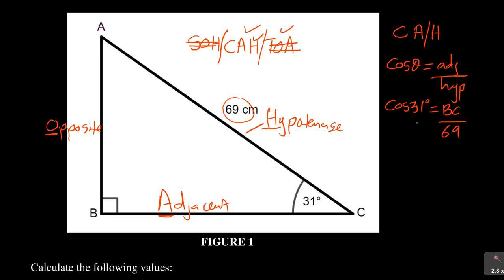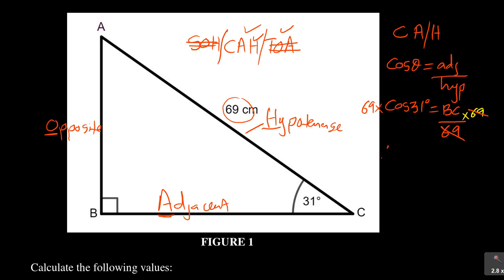So now I need to solve this, and you know how you solve that. You're solving for BC, so you multiply both sides by 69, so that will go.